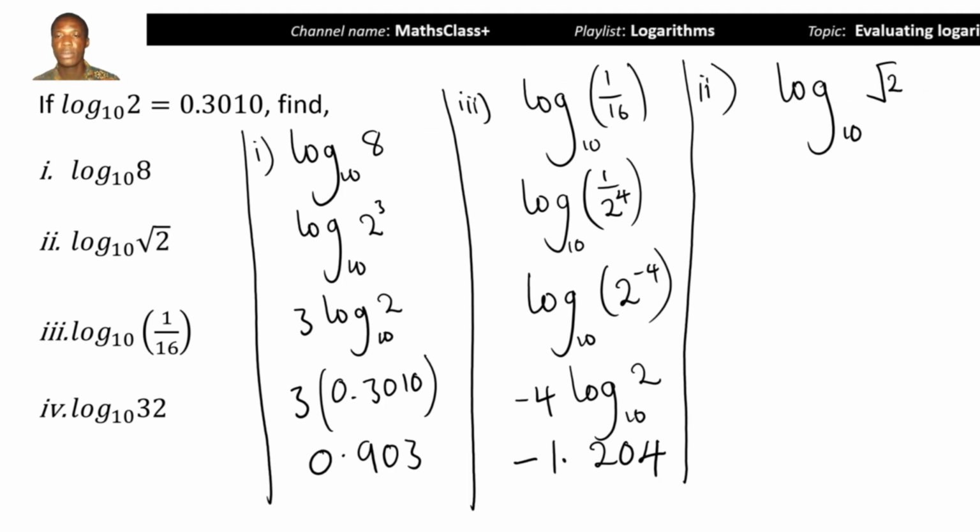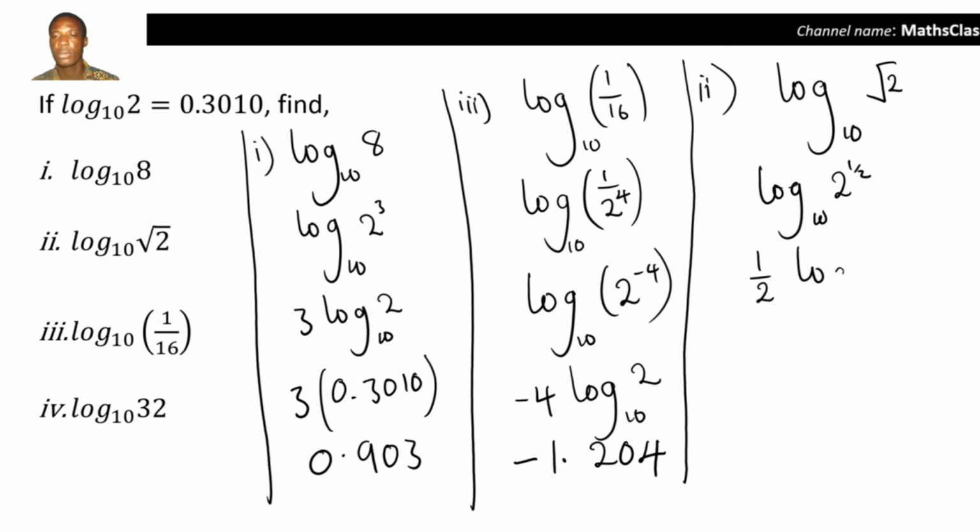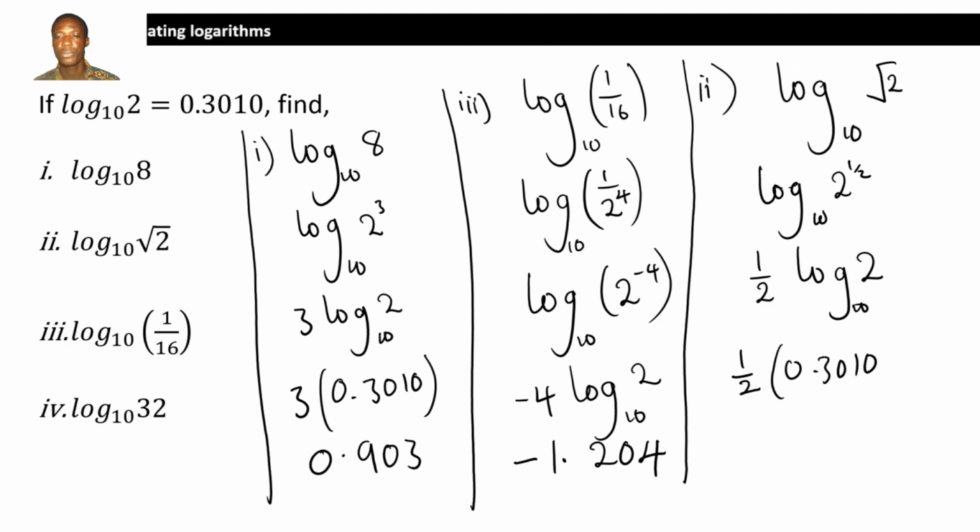This one you will rewrite as log to the base 10 of 2 to the power 1 over 2. And that can be written as 1 over 2 log 2 to the base 10. So half multiplying 0.3010, and this gives us 0.1505.